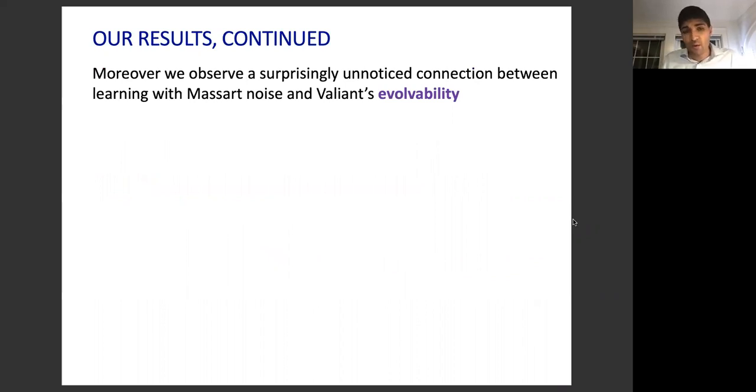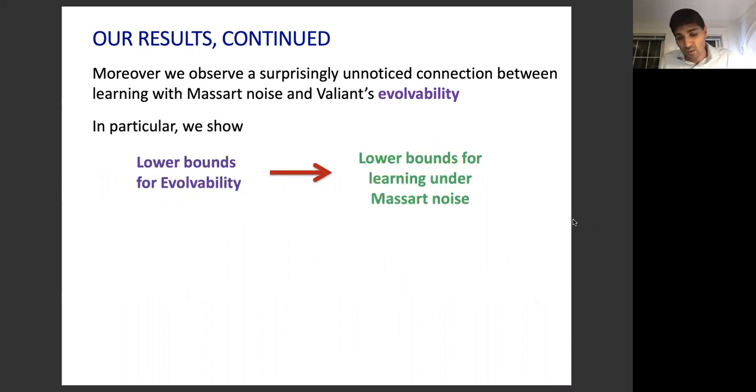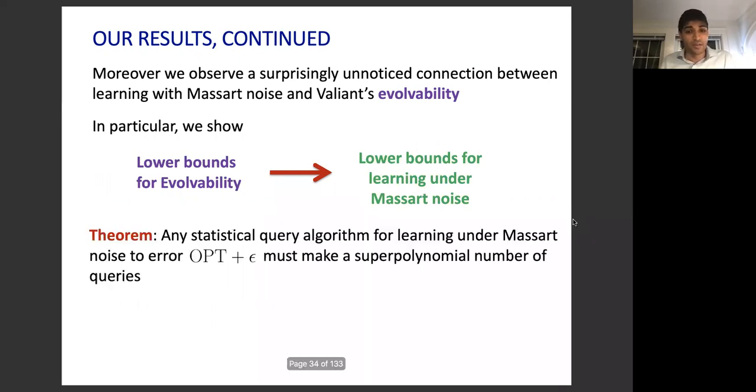But one more thing that I want to mention is that we find some connections between learning under Massart noise and something else that Valiant introduced called evolvability. What this allows us to do is take some of the lower bounds that were proven in the evolvability literature and turn them into lower bounds against learning under Massart noise.